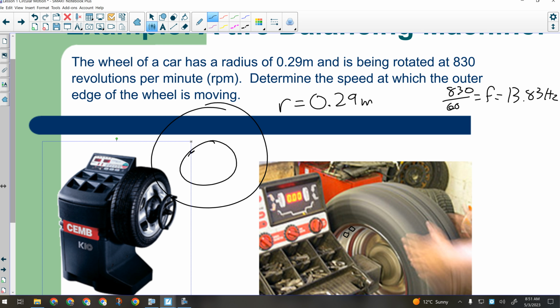We want to determine the speed at which the outer edge of the tire is moving. Now, the formula we got yesterday says that v equals 2 pi r over t. I also told you that t equals 1 over f.